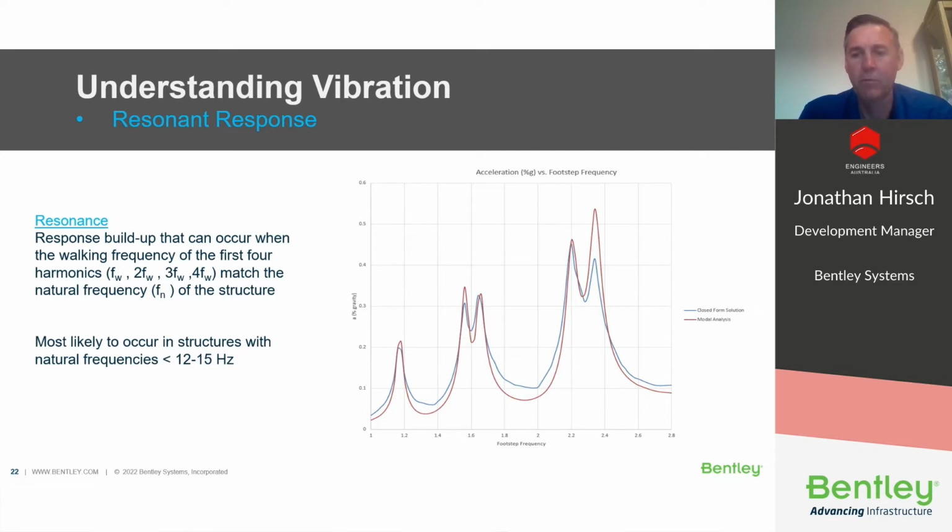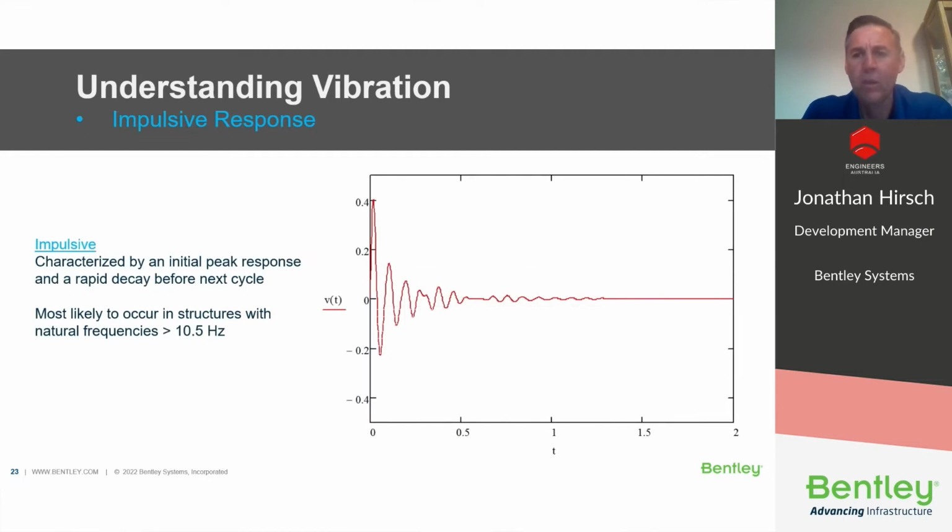This type of resonant response is most predominant in modes with natural frequencies less than about 15 hertz. Impulsive response, on the other hand, tends to be more predominant in modes with higher frequencies, and is characterized by an initial peak response with a rapid decay occurring before the next cycle occurs. So in this case, there is no buildup of the response.